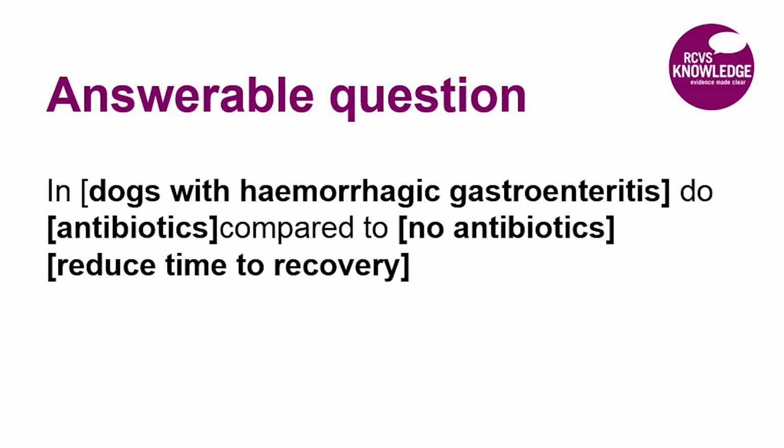So we've gone from should dogs with HGE routinely be given antibiotics, to in dogs with hemorrhagic gastroenteritis, the intervention antibiotics compared to no antibiotics, the outcome reduced time to recovery. And that's given us 4 things, terms that we can search for when we come to the searching.